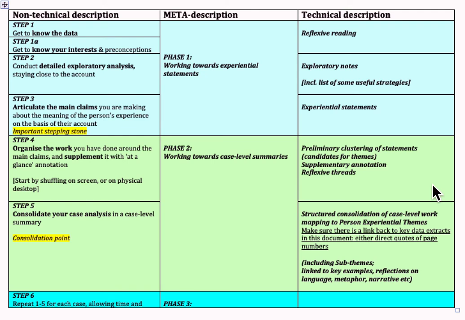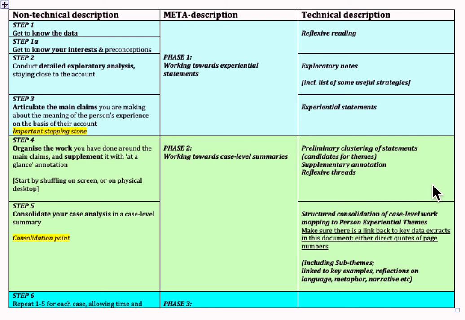I'll say a bit more about that in a moment. In phase two, you're working towards case level summaries. So you're working towards producing a case level summary for the case that you're working on. And we're calling these personal experiential themes. So they're themes with an experiential focus at the level of each case or each person.